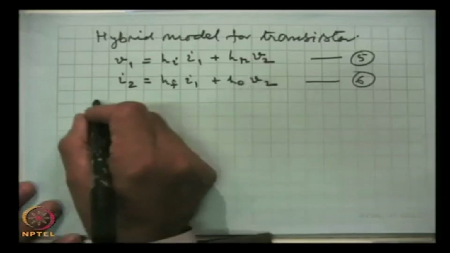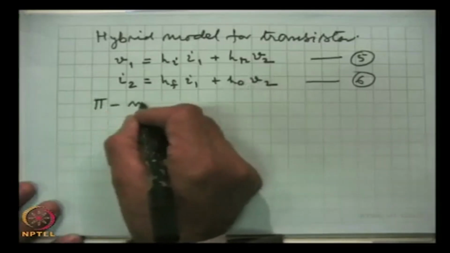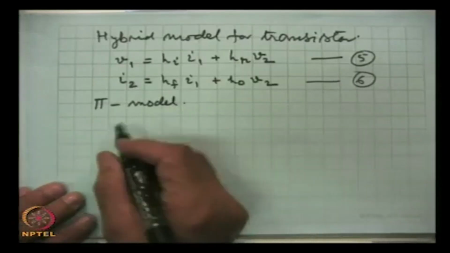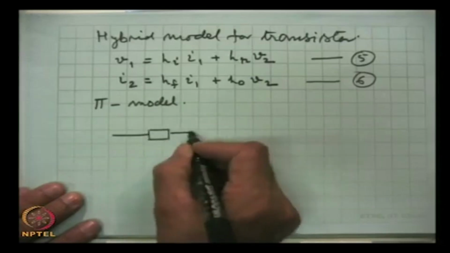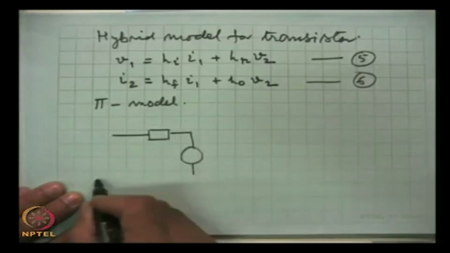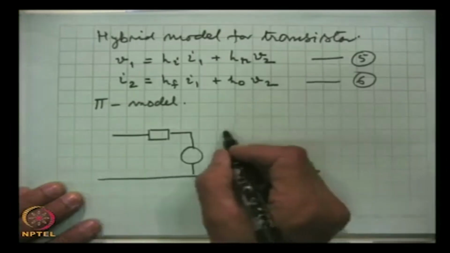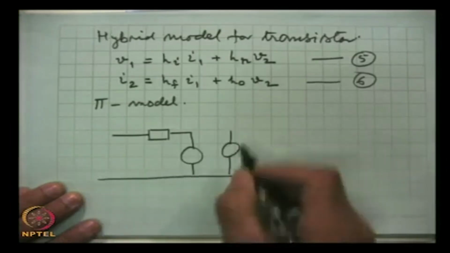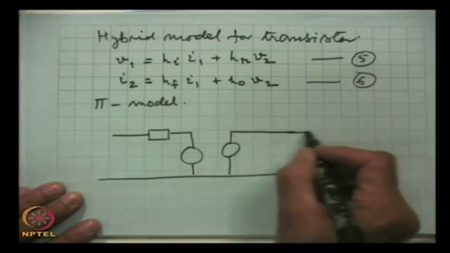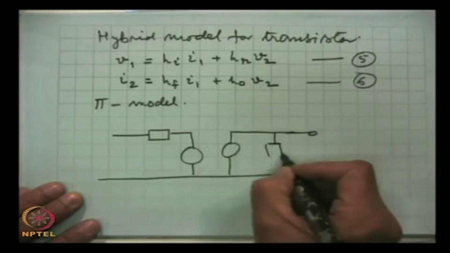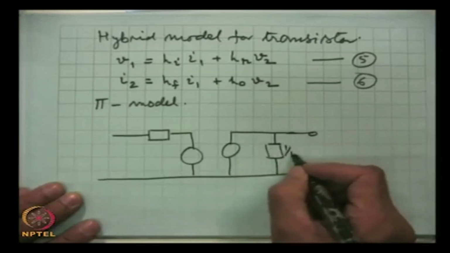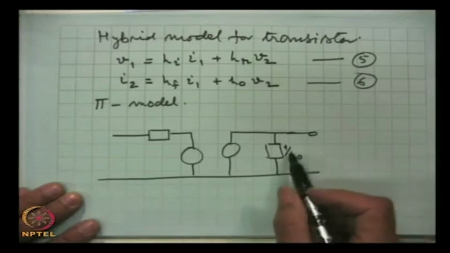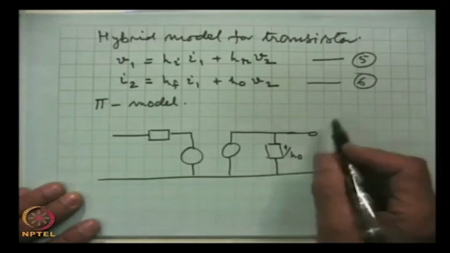This is actually the pi model, as we call it, and let us see this model comes out to be like this. This is the inverse of the admittance, so this represents the impedance.